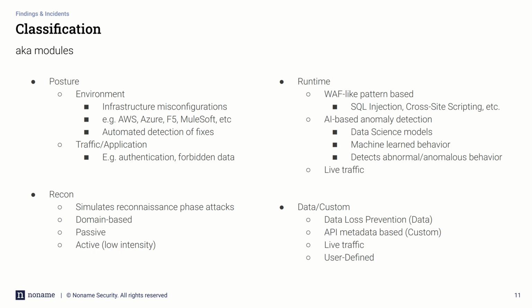Okay. Most of the scans that the recon service performs are passive, and very low intensity active scans. What do I mean by that? A passive scan uses an indirect way of accessing API related data, right?